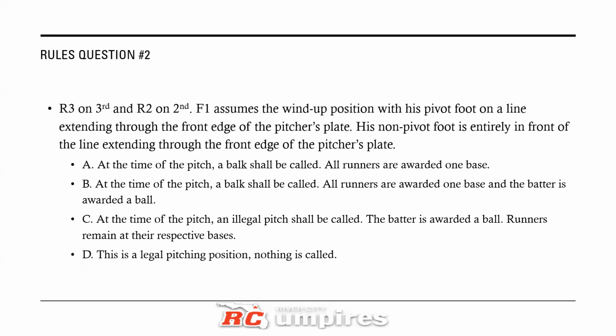So right off the bat, just in terms of test assistance, we know that a balk doesn't get awarded a ball, so we can ignore B. And we know that you cannot have an illegal pitch that does not result in a balk. So it cannot be B or C. So it either has to be A or D, right? So what's the answer?